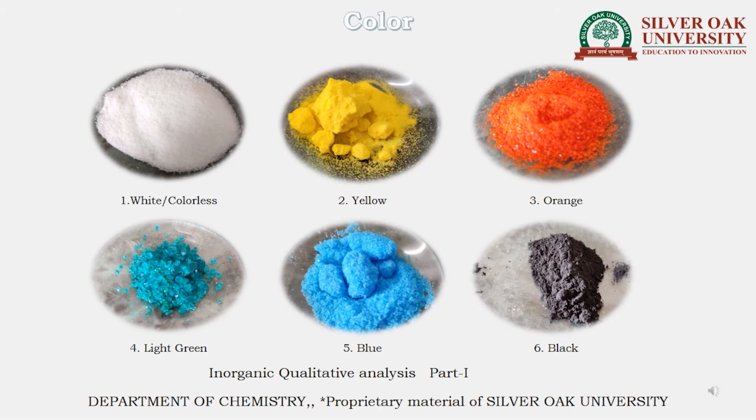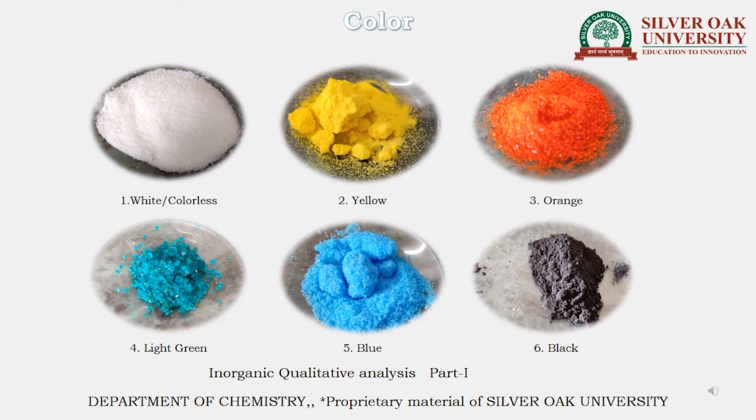You can see here first a colorless one, then yellow, orange, light green, blue and black salts are given. As previously discussed, if it is yellow in color then chromate may be present, if it is orange then dichromate may be present, if it is greenish then ferric may be present, and if it is blue then copper may be present.